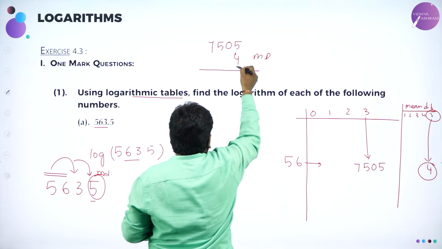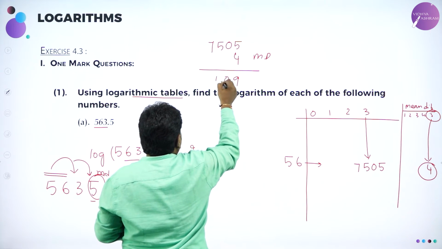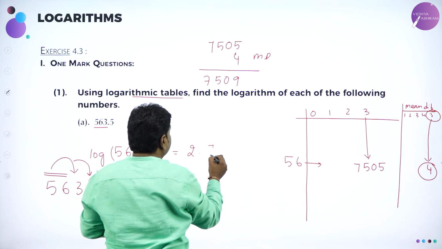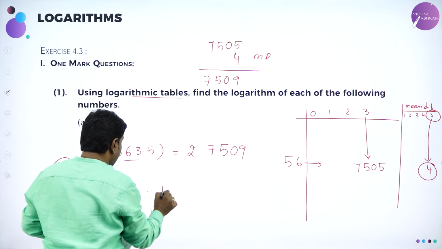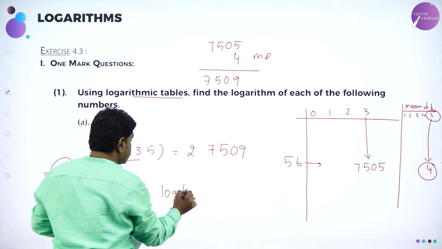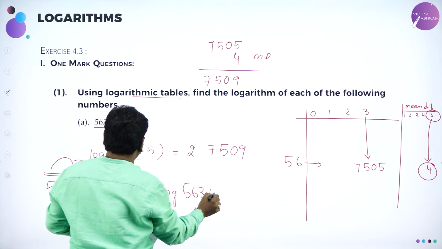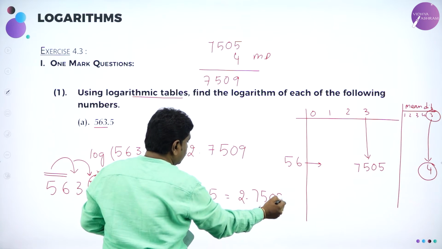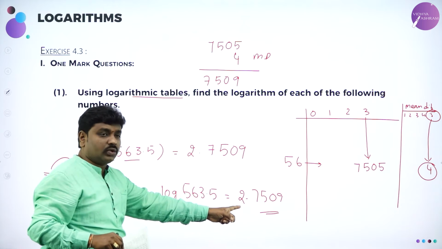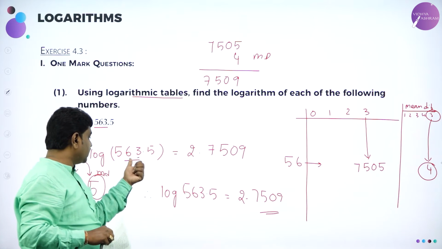If I add 5 plus 4 is 9, so 7509. Therefore, the log of 563.5 is 2.7509. This 2 point I wrote because before the decimal, there are 3 digits.